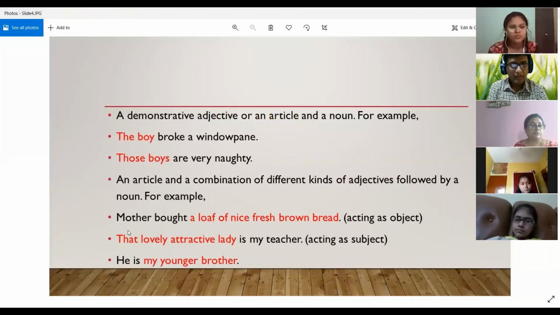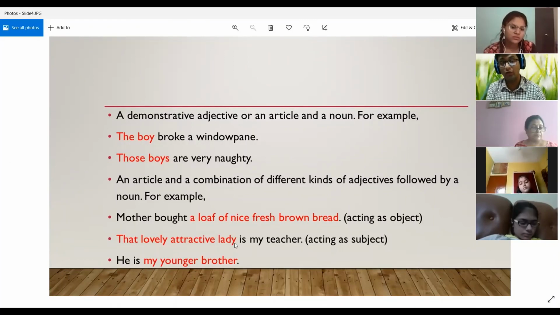Over here, that lovely, attractive lady is my teacher, right? So in this case, if you see, that lovely, attractive, this part is the adjective phrase, right? And if you include lady also in it, I have by mistake highlighted lady also, then it will become a noun phrase, because then it will start answering the question, who is your teacher? Then the answer will be, that lovely attractive lady is my teacher.